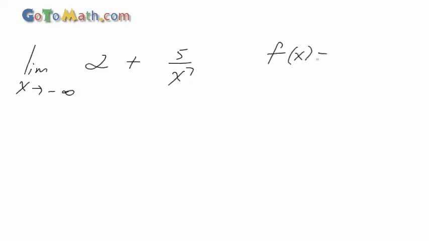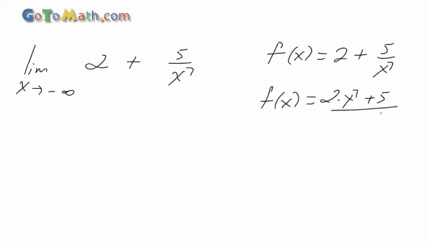Also, let's look at it this way. Let's say our function f of x is equal to 2 plus 5 over x to the 7th. I'm going to rewrite this as one single fraction: 2 times x to the 7th plus 5, over x to the 7th.